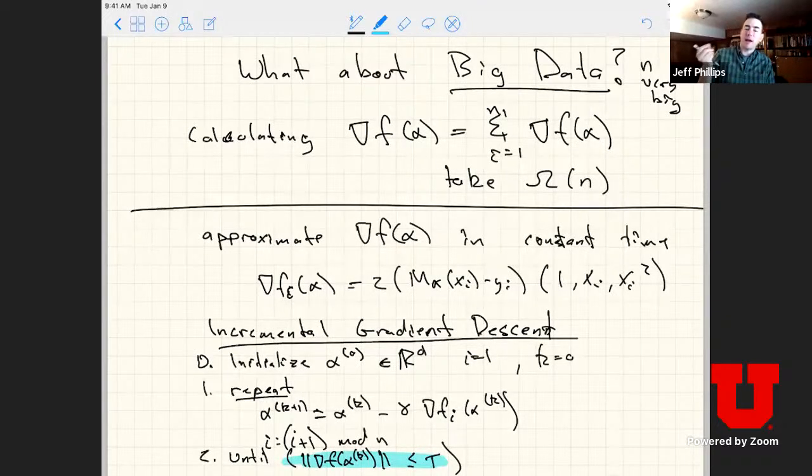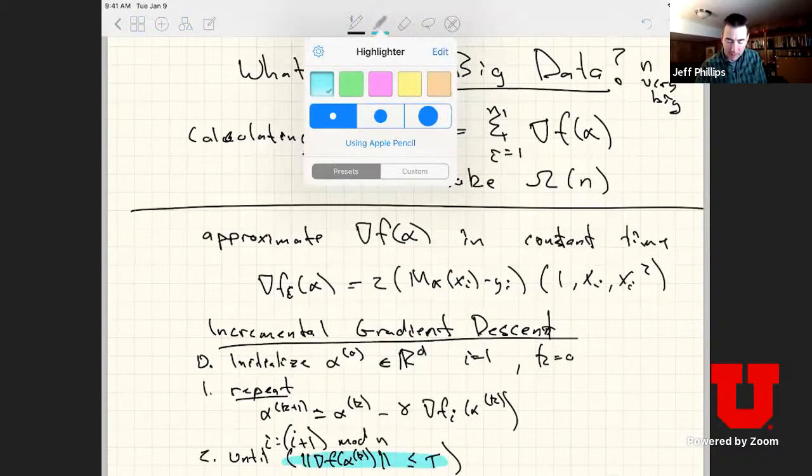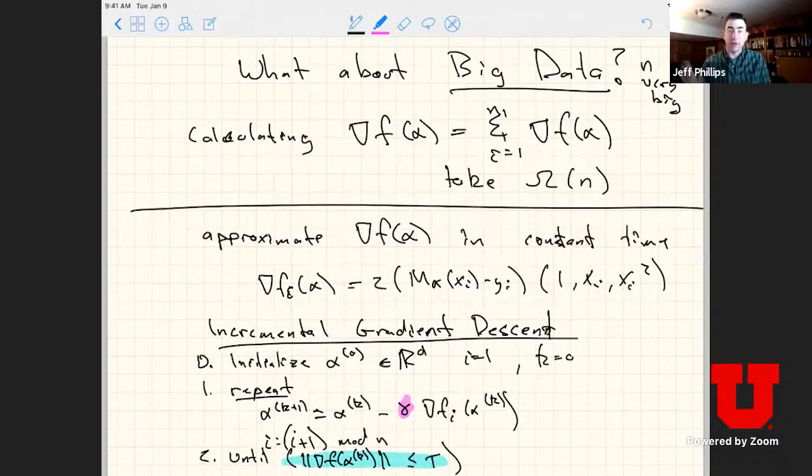Maybe I make the learning rate a little bit smaller because I don't trust the gradient as much. I'm going to take a smaller step because even if I'm heading in the right direction, I kind of want to take maybe 5 or more steps together to give me the full update, as what I would do with 1 step with the full gradient, but maybe I don't need all the data points.